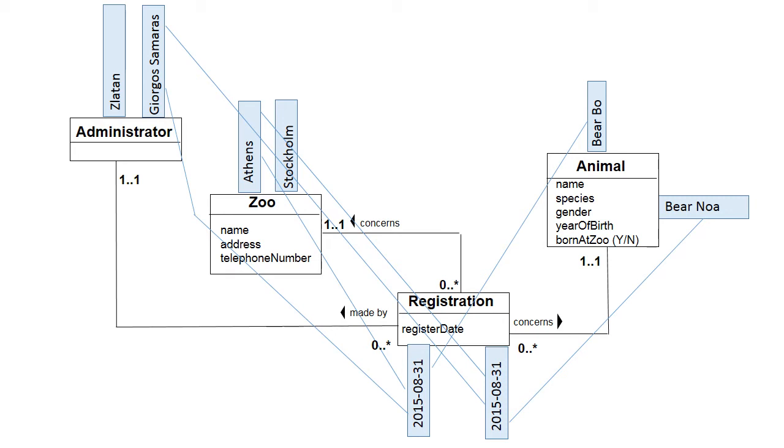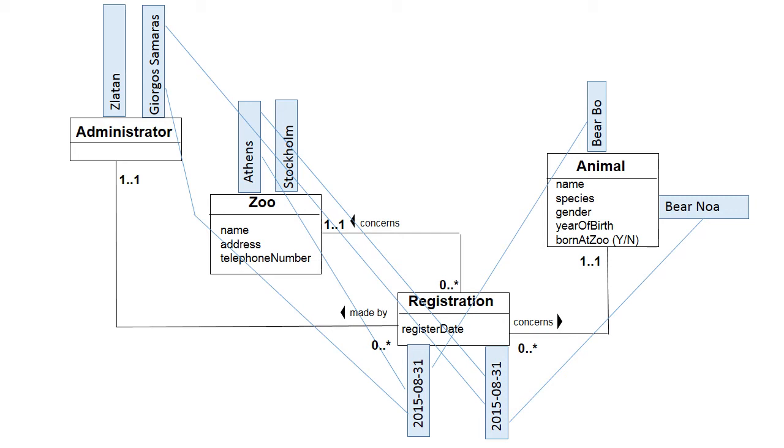And that is true in this case. If we go from registration class to zoo, we have the multiplicity 1 to 1, which means that the registration object has to be linked to exactly one zoo. And we can't see any violation in the multiplicity rule here.